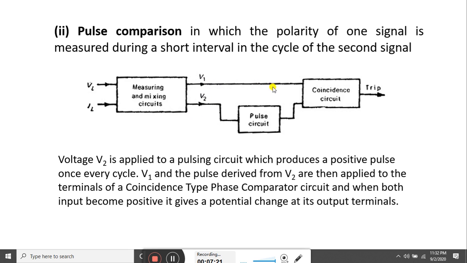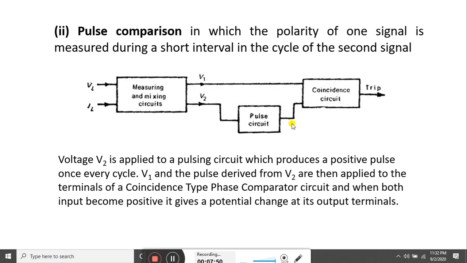V1 goes to the coincidence circuit, where the coincidence will be compared, and the output V2 from the measuring circuit is applied to a pulse circuit, whose output is applied to the coincidence circuit, where the coincidence period is measured and accordingly we give the trip command.